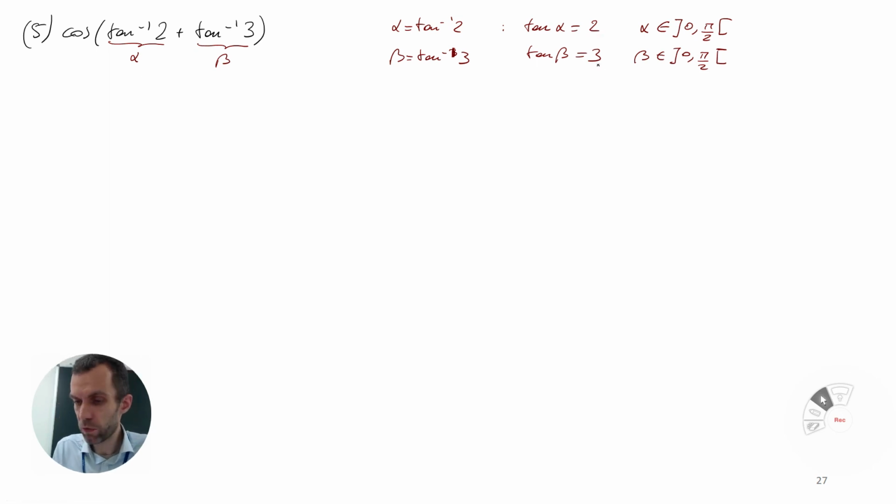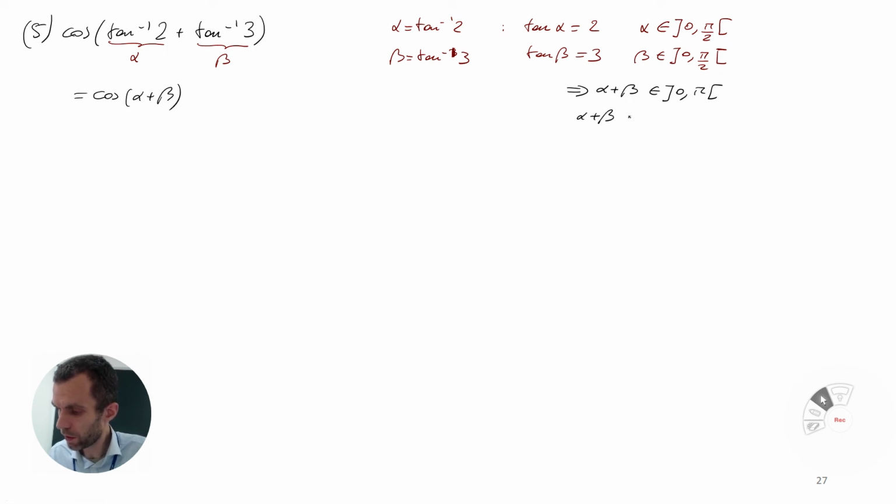And since we have to say something about cosine of alpha plus beta, we can also take a look at alpha plus beta, and we know that alpha plus beta is going to be in the interval 0 to pi with bounds not included. So in other words, alpha plus beta is in quadrant 1 or 2.